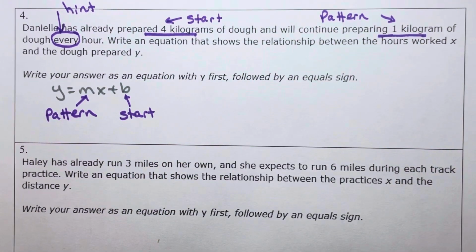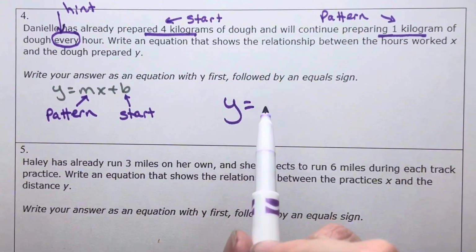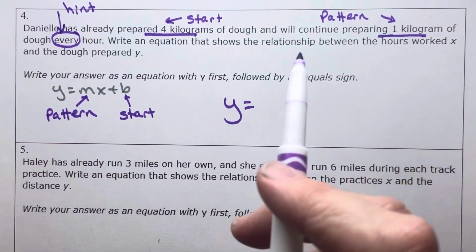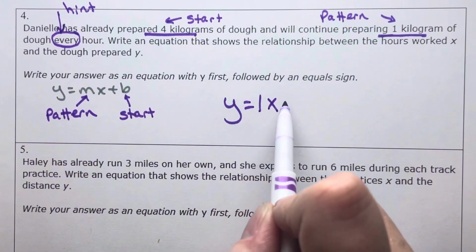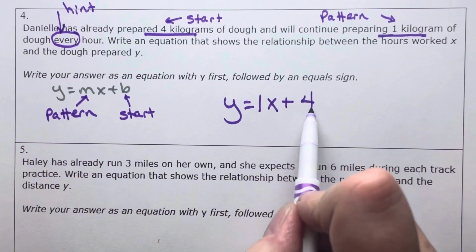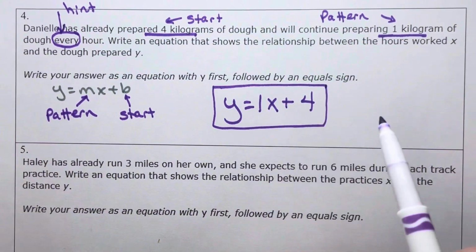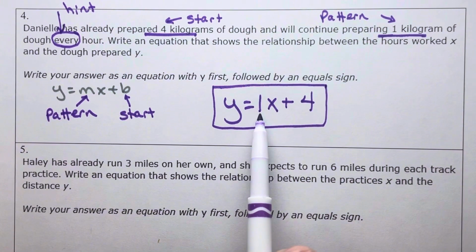Okay. So now that we have that, let's write our equation. Y equals our pattern of 1x plus our starting value that's already happened of 4. And we remember from previous lessons that this 1 in front of the x is not necessary to write.